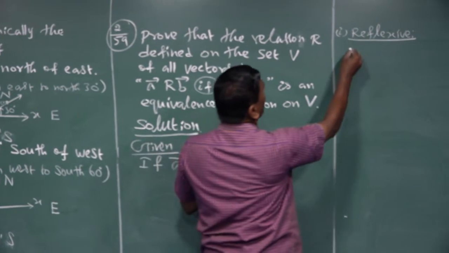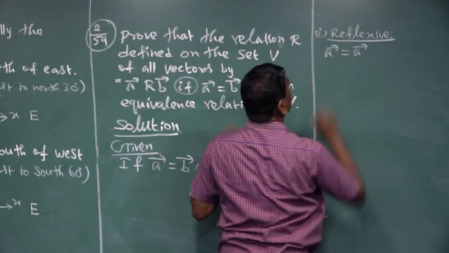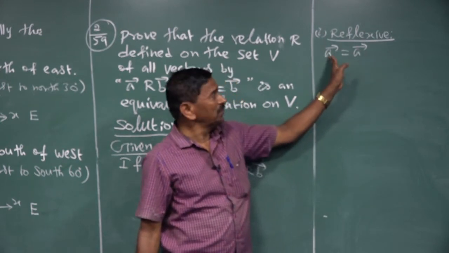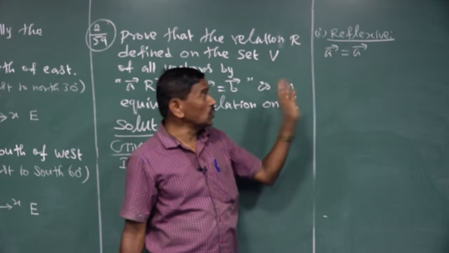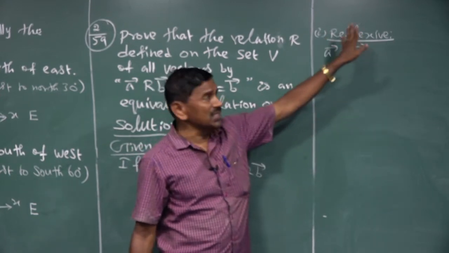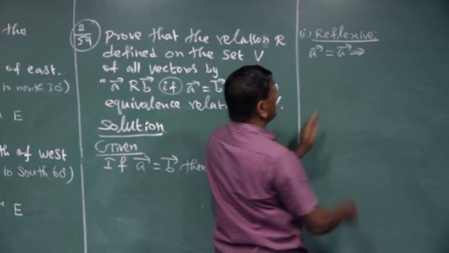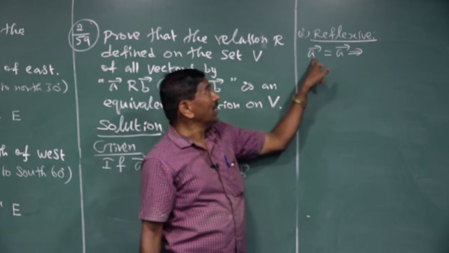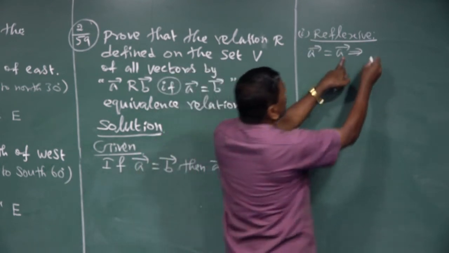Here, A vector is equal to A vector. Yes, we know that A vector and A vector are equal. Whether it is true or false? Yes, true. A vector equal to A vector, which is true. Which implies, if A vector and A vector are equal, then we can say A vector is related to A vector.